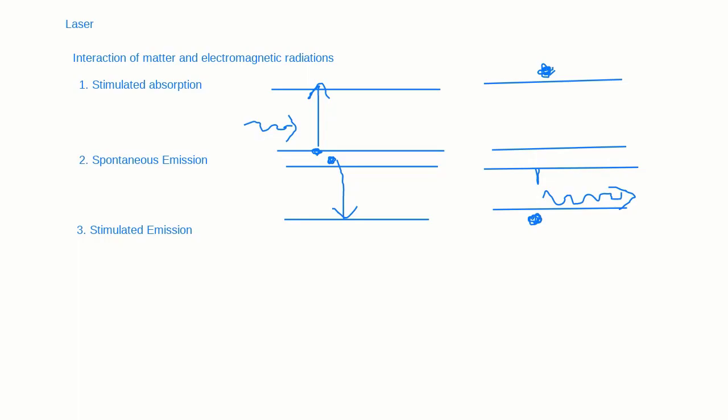Third is stimulated emission. Here the electron is in an excited state that is a metastable state, where the lifetime of the electron is very high. Its lifetime is 10 power minus 3 seconds, whereas for spontaneous emission it was 10 power minus 8 seconds, around 10 power 5 times more.